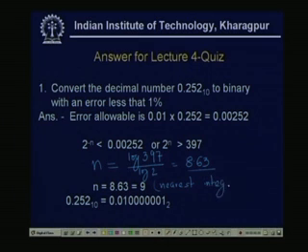So, when we convert 0.252 to binary, if we take 9 bits after the decimal point, that is n equal to 9, then the error will be less than 1%. So, 0.252 in decimal is equal to 0.010000001 in binary, that means 9 bits after the decimal point.